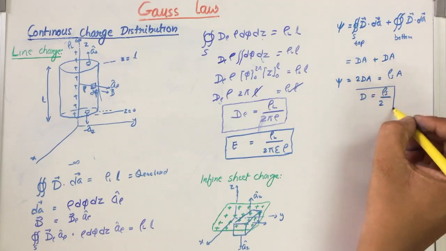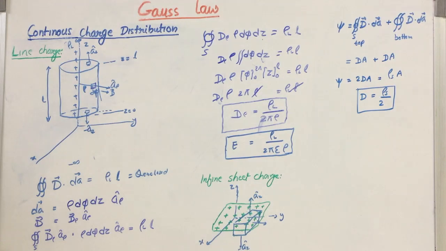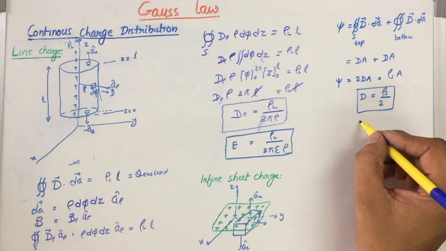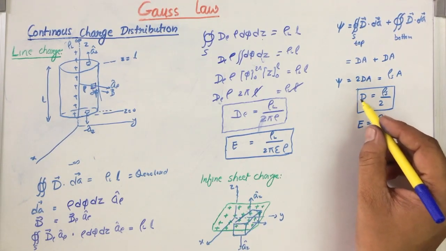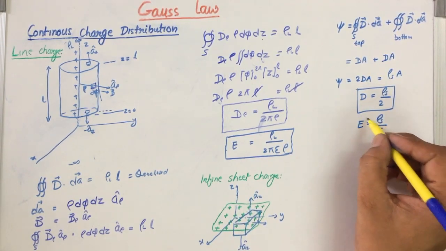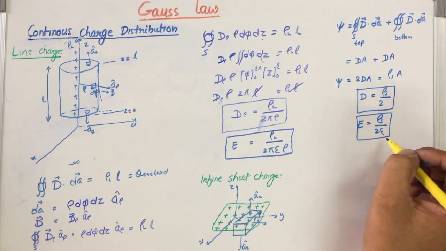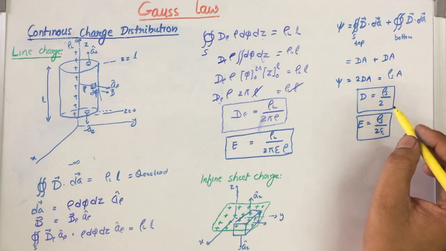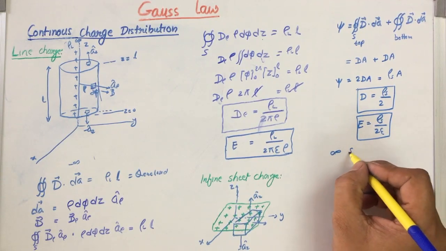This is an important relation that we have derived in the case of the infinite charge sheet distribution. And from here, if we find E, it will be rho s by 2 epsilon. So E will be rho s by 2 epsilon, and D will be rho s by 2. That is for the infinite sheet charge.